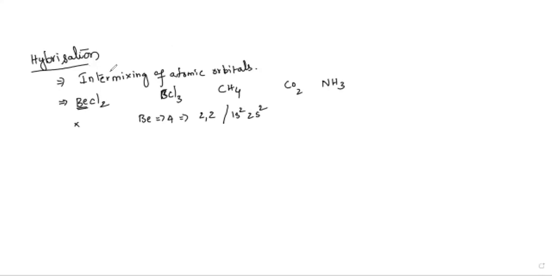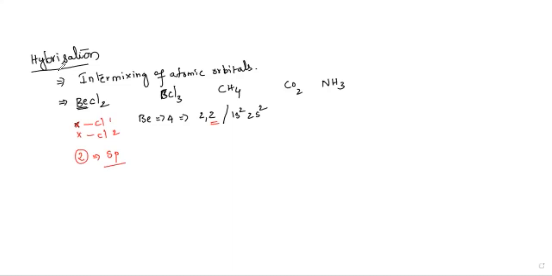Since 2 electrons are present in the last shell, just take those 2 electrons like this, and surrounding atoms are 2, those 2 are Cl atoms. So let us take number of hybrid orbitals here 1 and 2. So total number of hybrid orbitals in this molecule is 2, so the given molecule's central atom hybridization is sp. So in this case, number of hybrid orbitals equals hybridization.